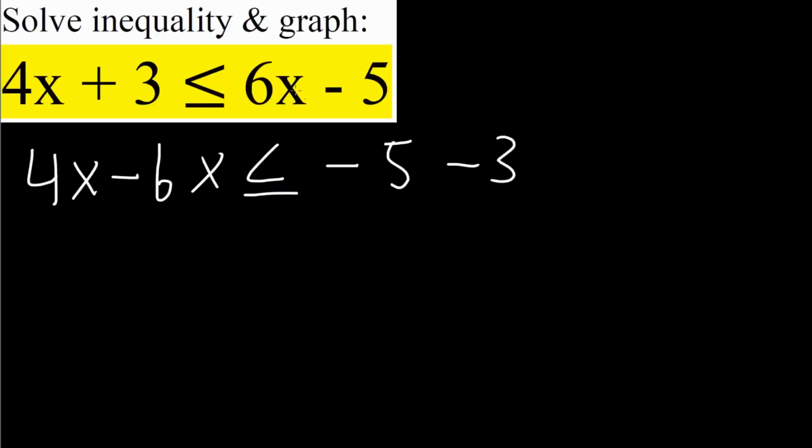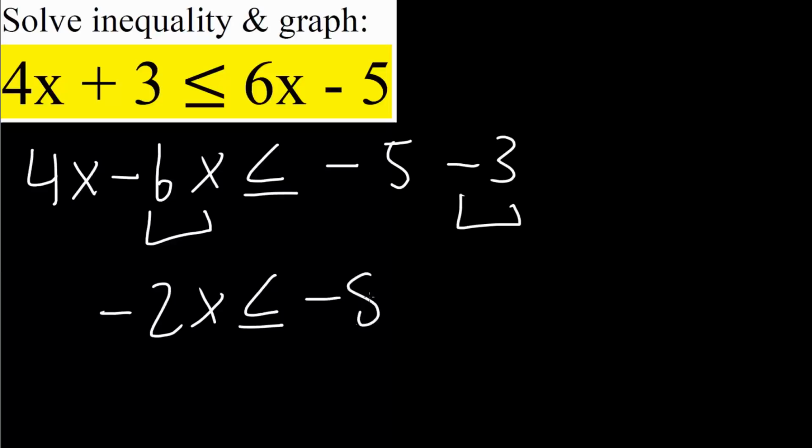What I did here was I subtracted 6x here, I subtracted 6x here, I subtracted 3 here, I subtracted 3 here. And so I would get minus 2x is less than or equal to minus 5 minus 3, which is minus 8.